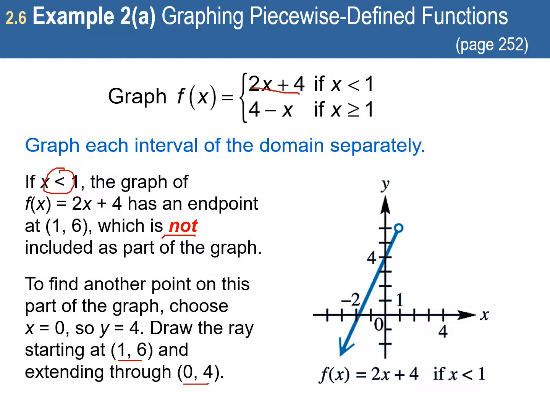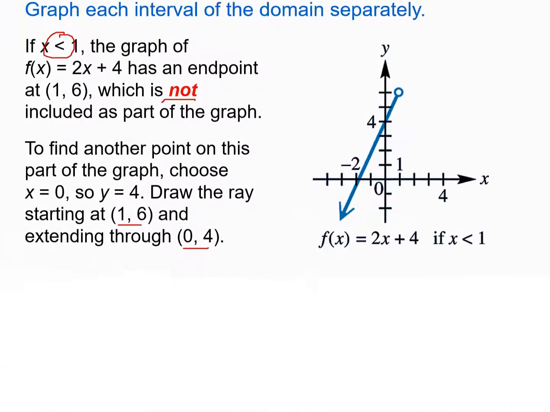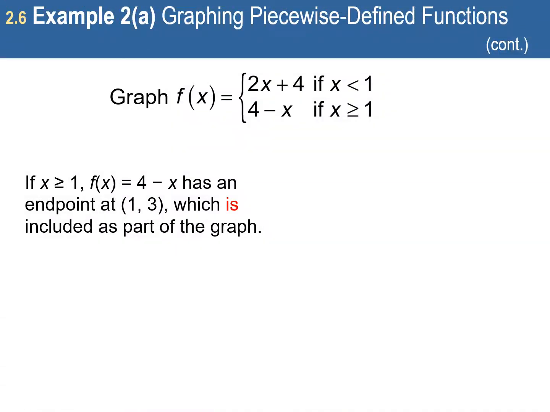Now when x is greater than or equal to 1, it's going to be defined by 4 minus x. For the second part, when x is greater than or equal to 1, then f of x is 4 minus x. So you want to check the endpoint, put in x equal 1. We see (1, 3) is included in the graph because we have that equal sign.